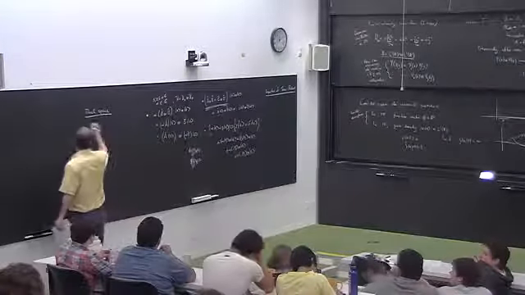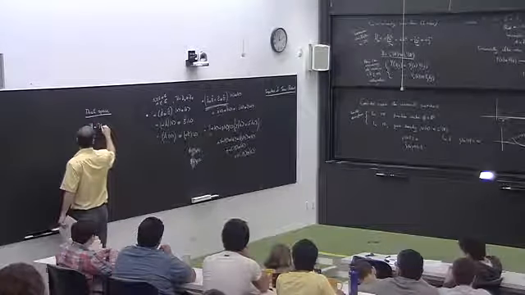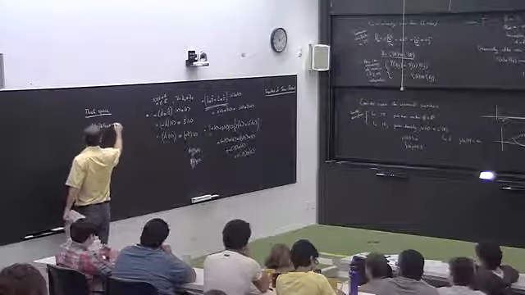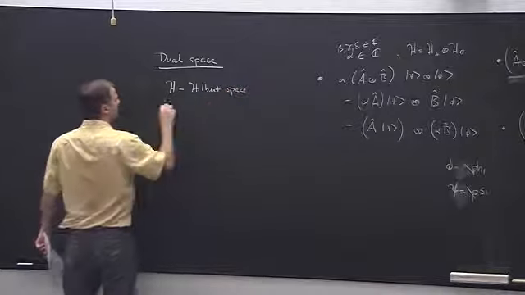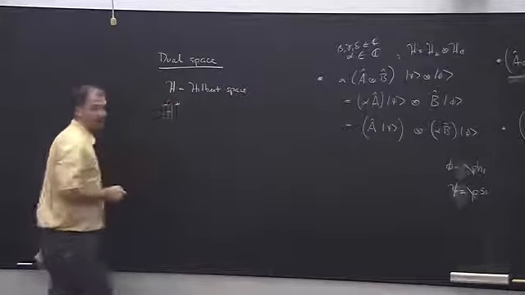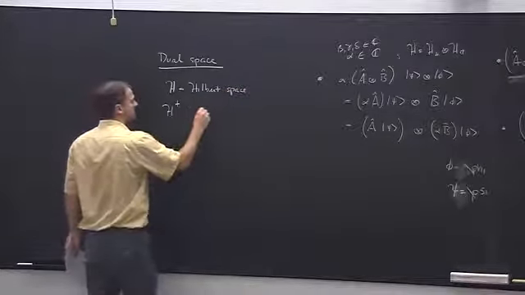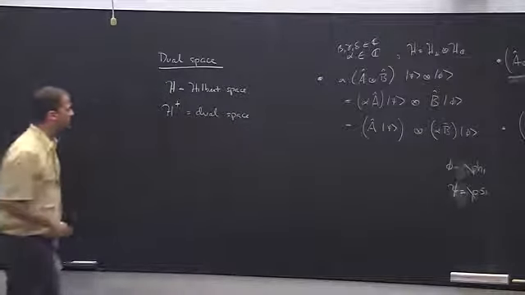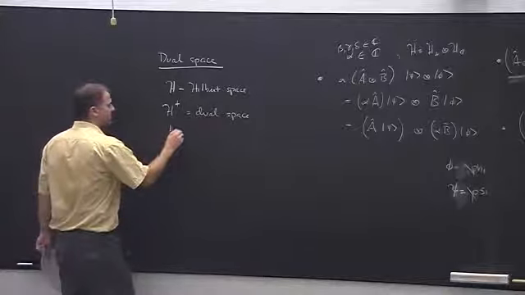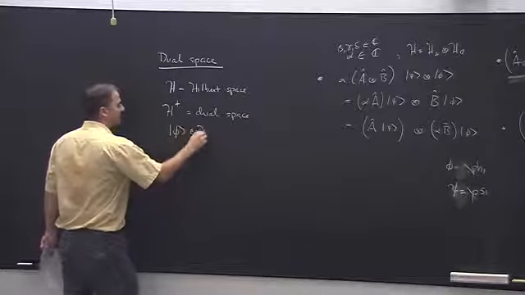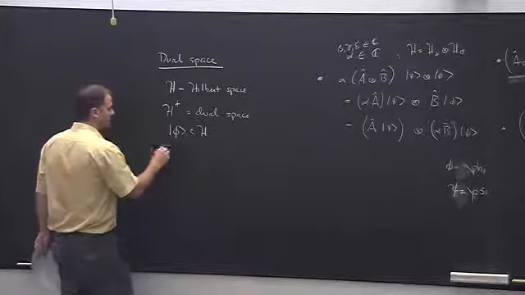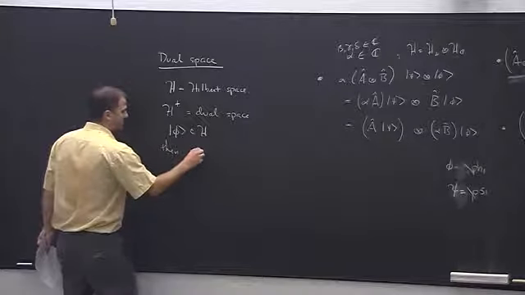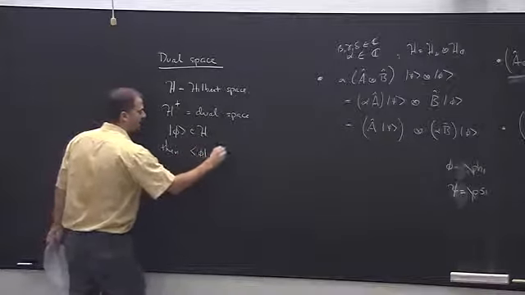Okay. So basically, dual space. If I have a Hilbert space H, then I can talk about a dual space H dagger. Essentially the idea is that if I have some element, say phi, of my Hilbert space, then I can talk about an element phi of the dual space.